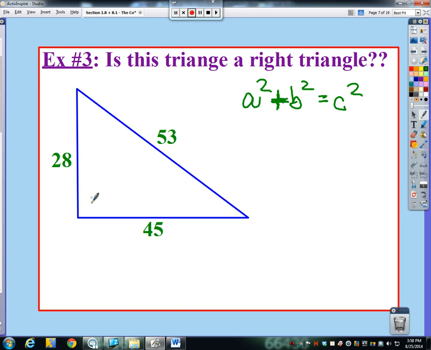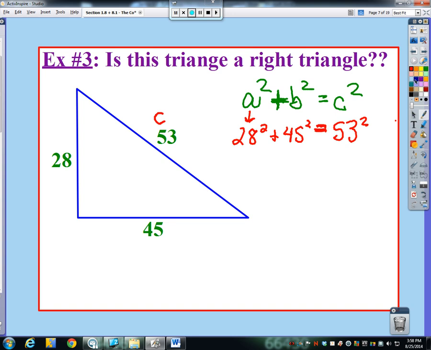I can't assume that this is the 90-degree side, but I mentioned earlier that the c side, the hypotenuse, is always the longest side. Okay, and which side's the longest side? The 53. So the 53 will be our guinea pig c, which means for the 28 and the 45, it doesn't matter which one's which. I'm going to call the smaller number the a and the bigger number out of the two potential legs here, the b.